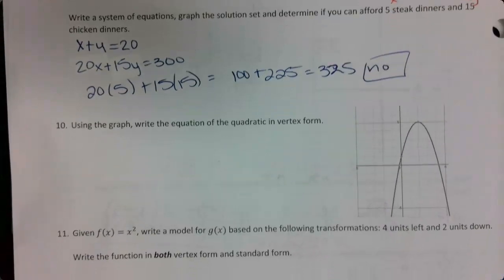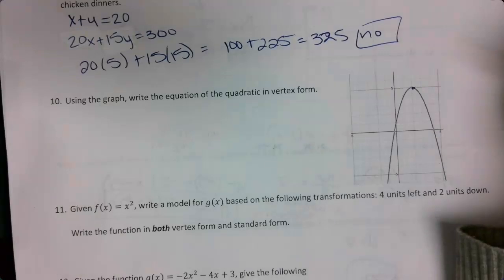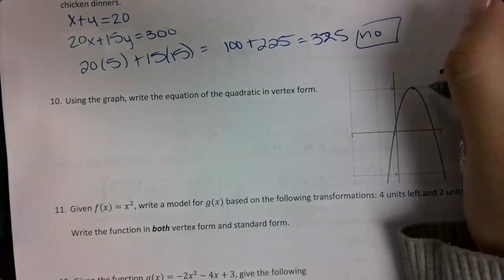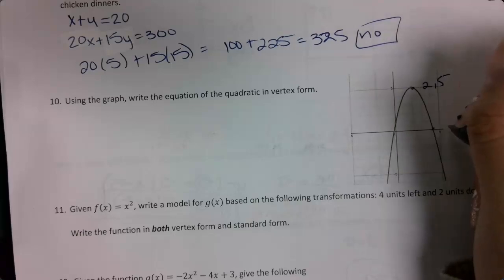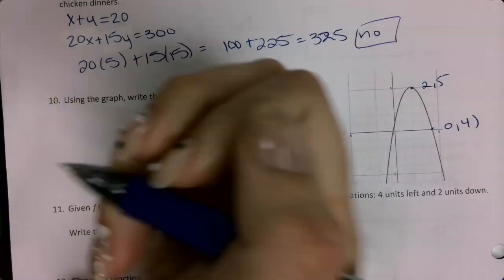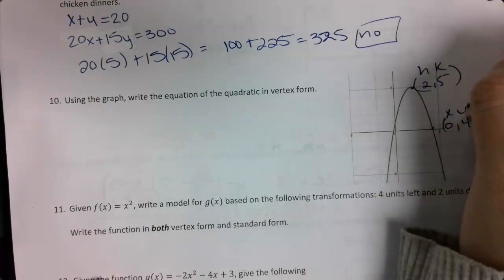Number 10 wants me to use the graph and write the equation of the quadratic in vertex form. So first thing I have to do is figure out my vertex. This is (2, 5). And this is crossing at (0, 4). So this is my h, k, and x, y.